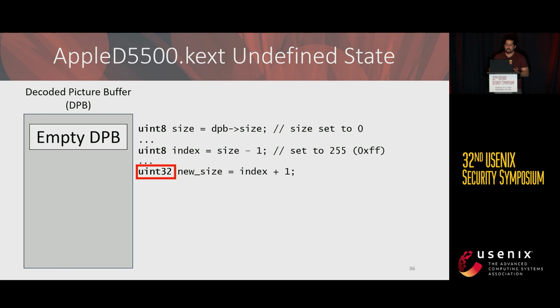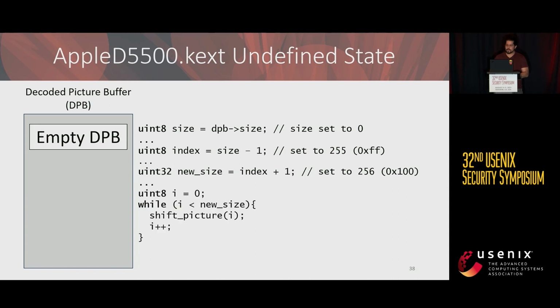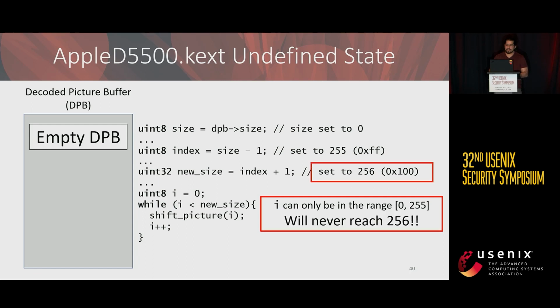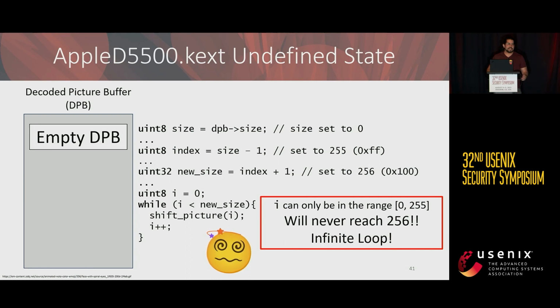This means that adding 1 to 255 won't have us wrap around back to 0, but rather we'll set the new size to 256. This becomes an issue once the decoder starts to process the DPB. It creates a uint8 variable i and loops until it is greater than our new size. But i can only be in the range of 0 to 255, meaning it will never reach 256, so we get stuck in an infinite loop.